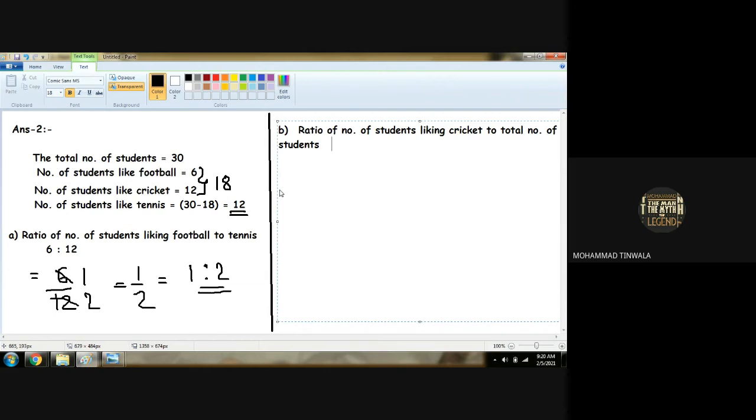So can I write this as number of students who like cricket is 12 is to total number of students, 30.